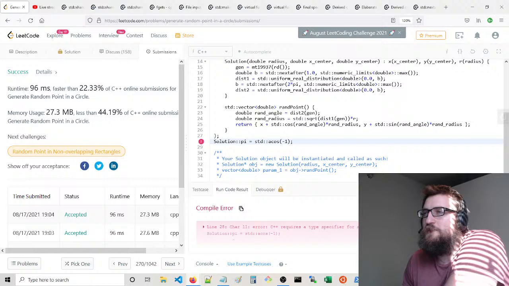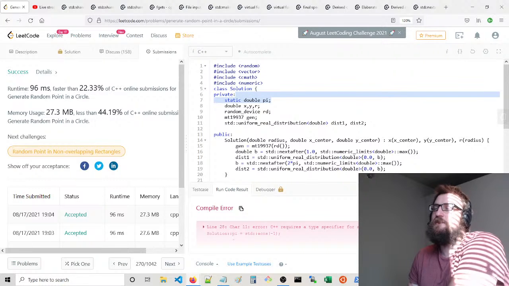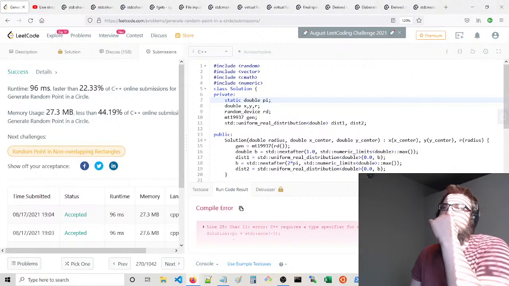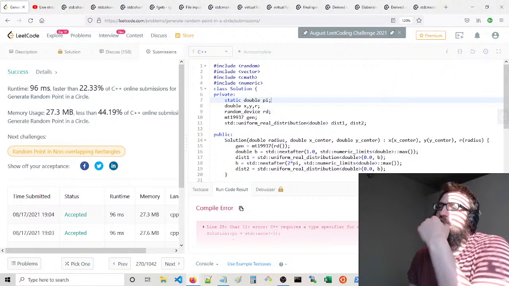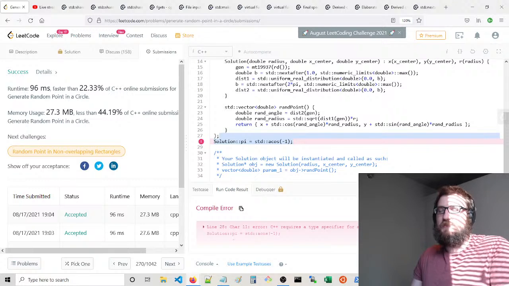But this is not a declaration. And this actually becomes public now. Or it's a private static, which means, can you put this in the class declaration itself?